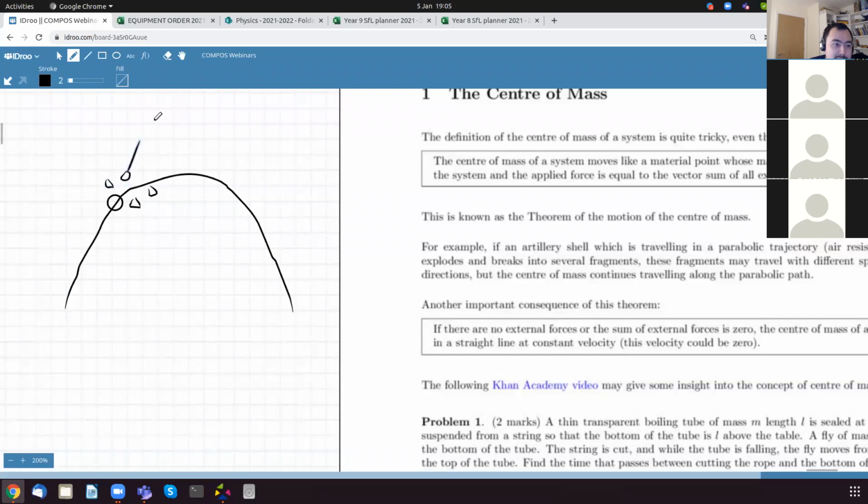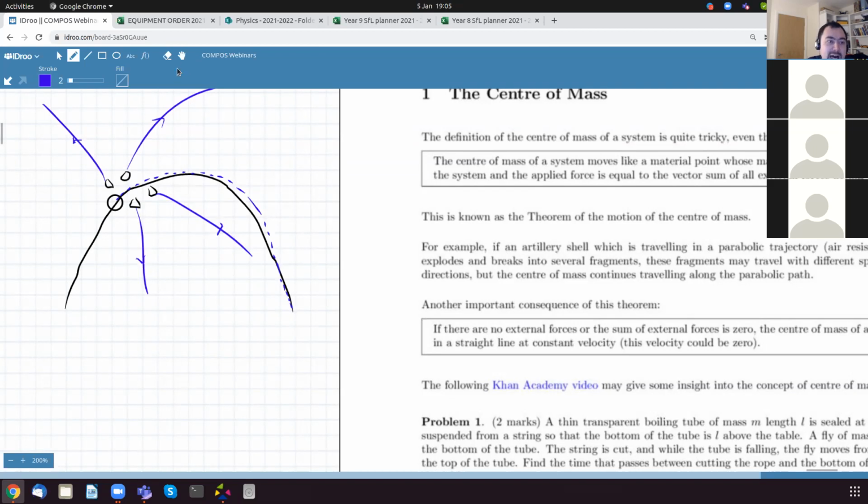This piece travels like this. This piece travels like this. And this piece travels like this. And this piece travels like this. But if you find the center of mass of those 4 pieces, the center of mass will continue traveling in a parabolic trajectory. That's quite an interesting consequence of that.